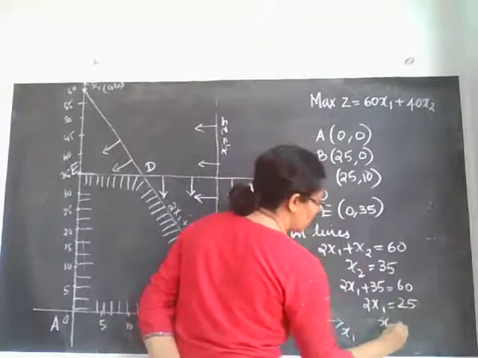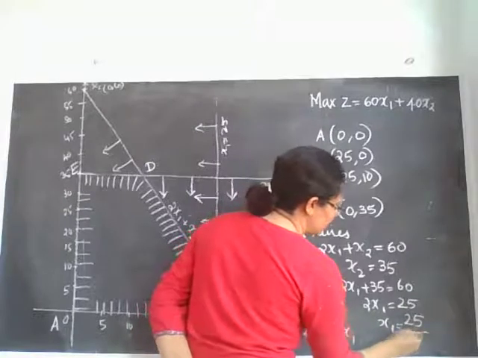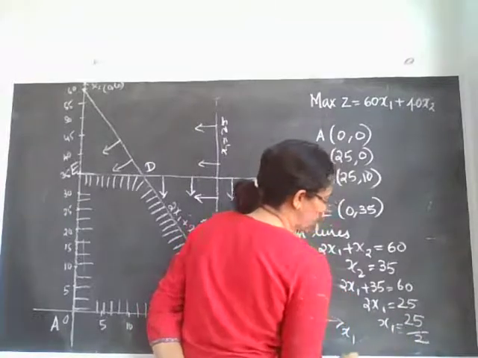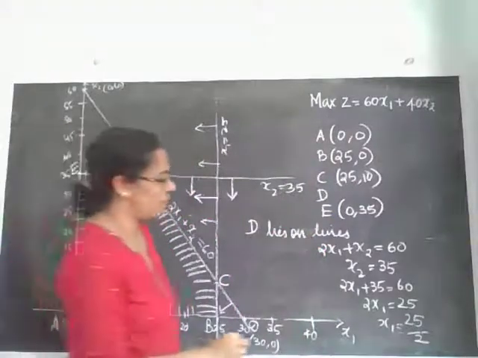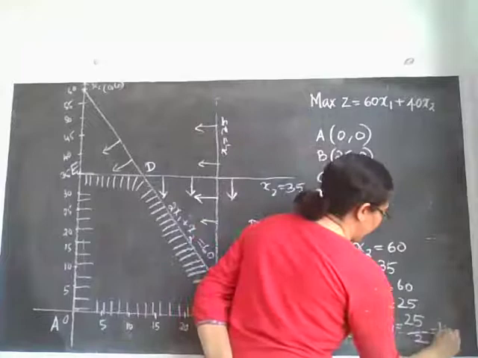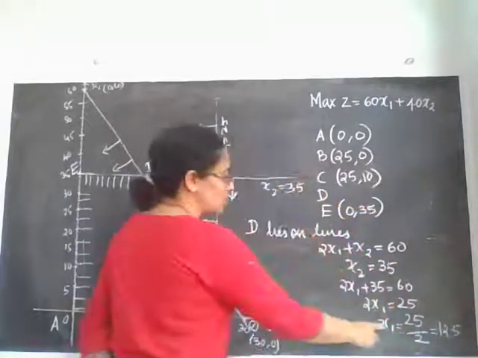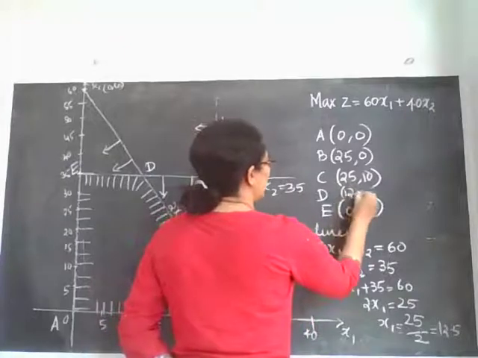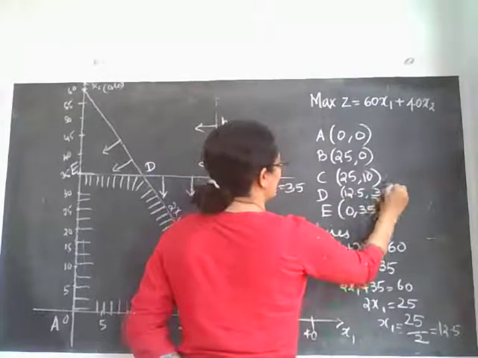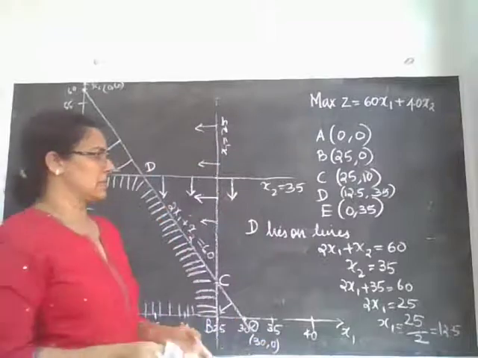So x1 equal to 25 by 2, that is 12.5. So D is 12.5 comma 35. So you got all the points.